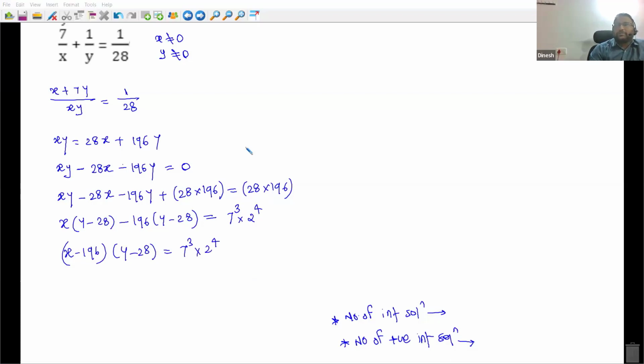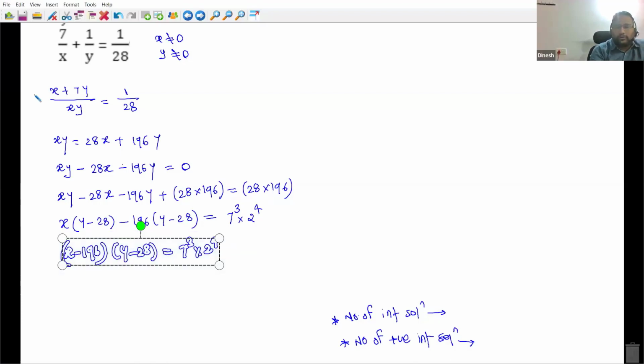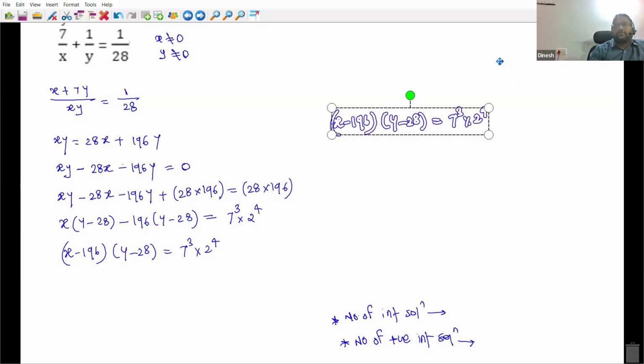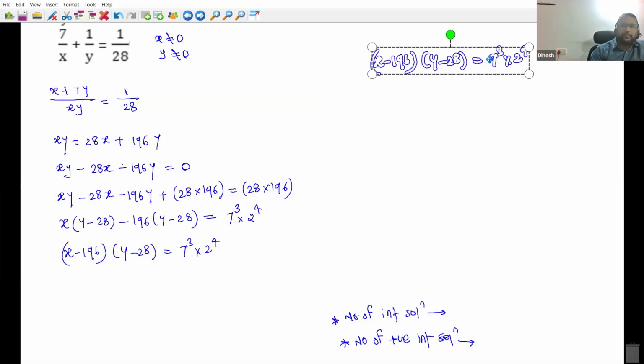What is the difference between the previous question and this question, everyone? In the previous question, the number on the right hand side was a perfect square. Here it is not a perfect square.